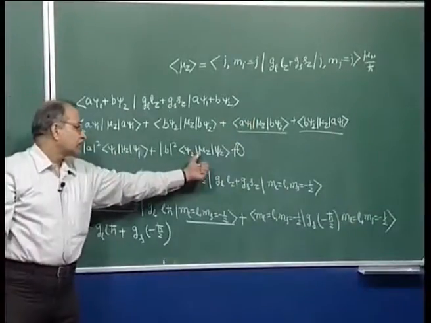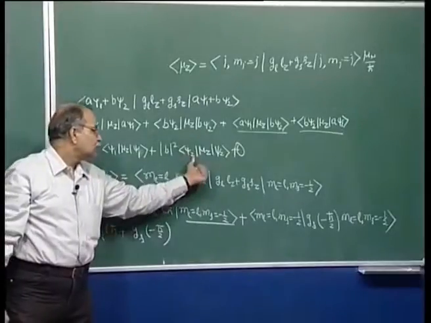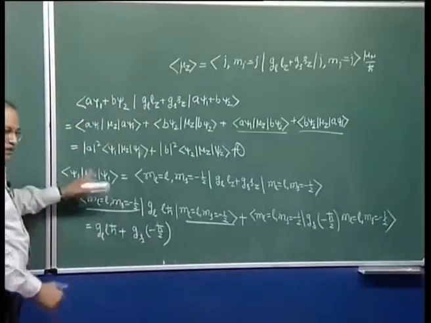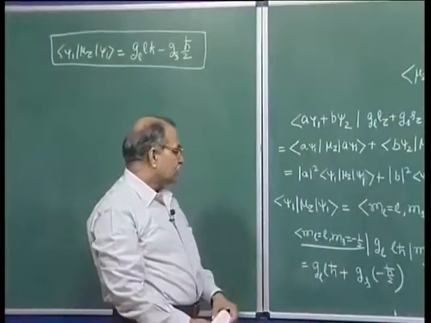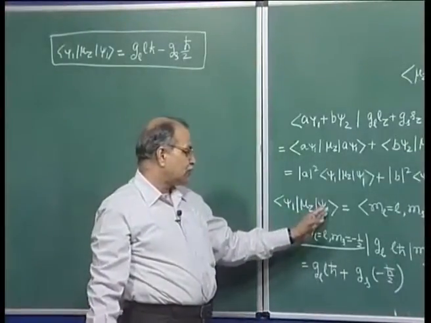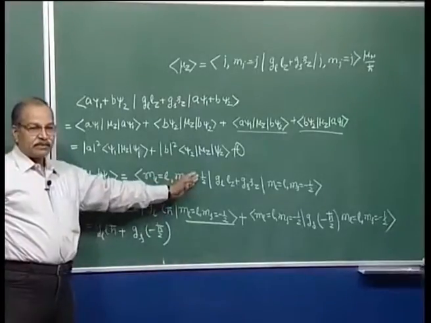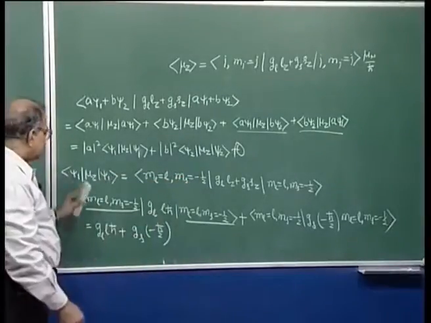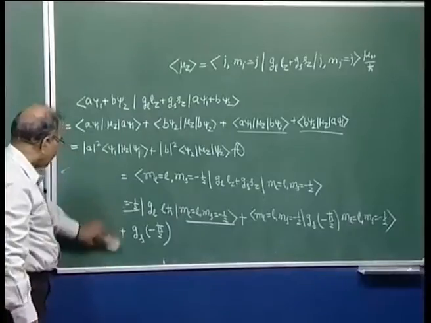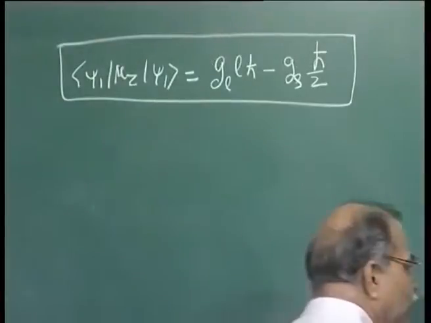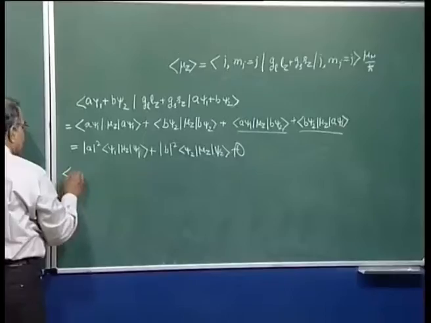So, this part I have evaluated. Next is this part. Let us do psi 2 mu z psi 2. Similar calculations. Here ML is L minus 1 and MS is half. I will not do the whole calculation this time.